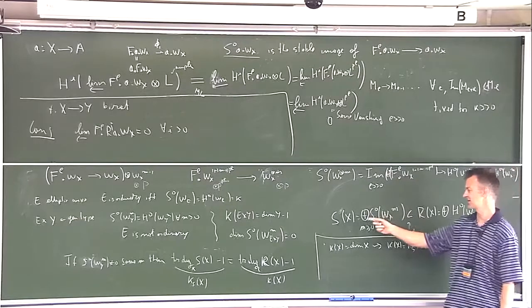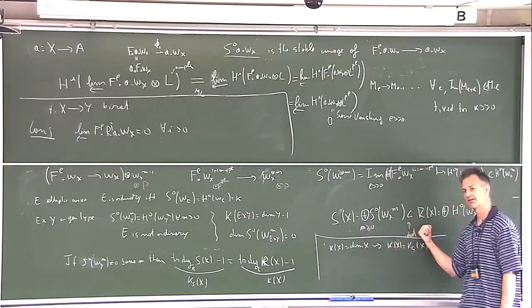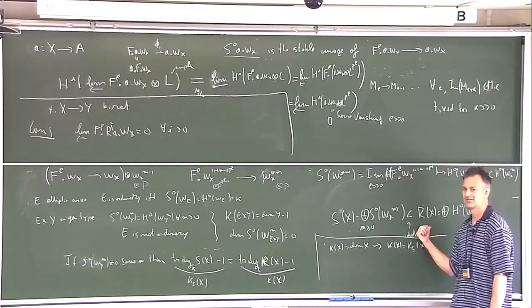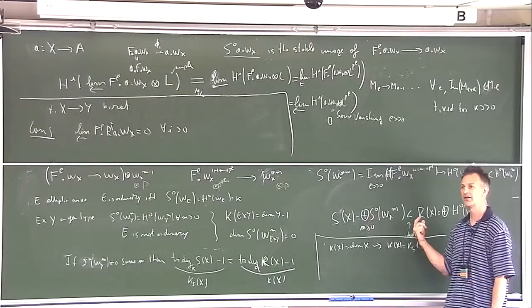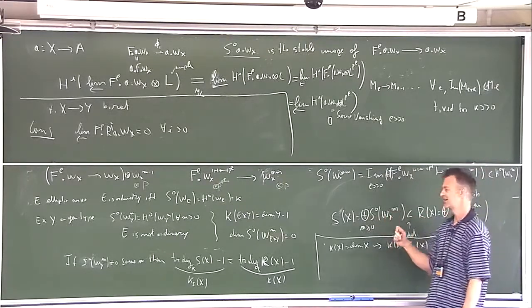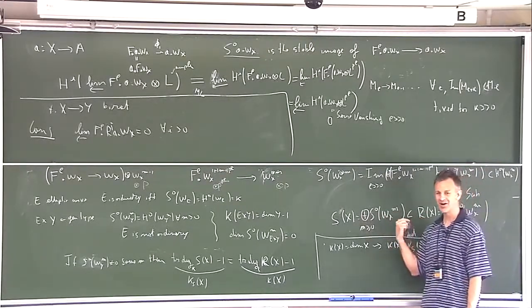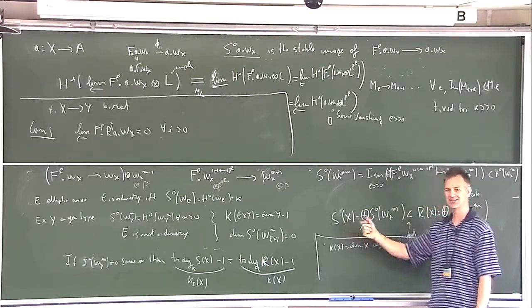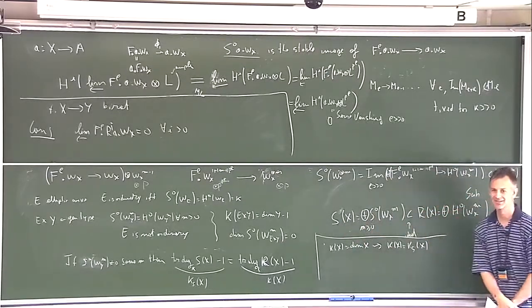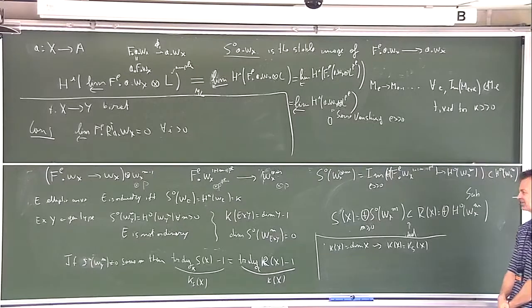Because this is a finitely generated module over this. No, it's a module over that. So we could hope that if this is finitely generated, it should imply that. Still, you have to show something. Yeah, I think there is something to show.